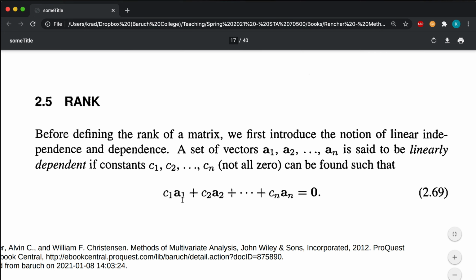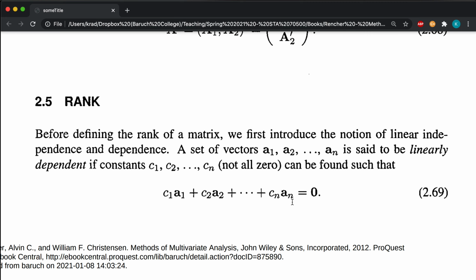This means that these vectors a1, a2 to an can be added, subtracted, their length can be increased, decreased, and they can be combined in such a way that you get the 0 vector. And these constants should be non-zero, obviously, because if these constants are 0, then this applies to anything, because 0 times anything is 0. So they have to be non-zero.